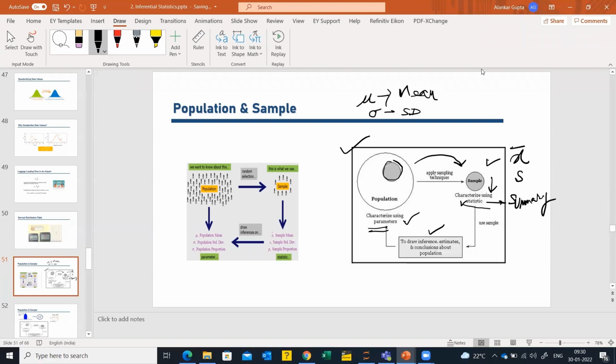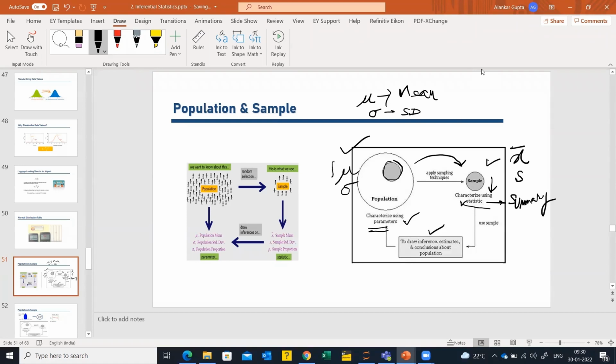X bar is the mean and S is the standard deviation for a sample. Okay. When we talk about the parameter, we show this with mu. The mean is shown by mu and sigma is the standard deviation of the population.